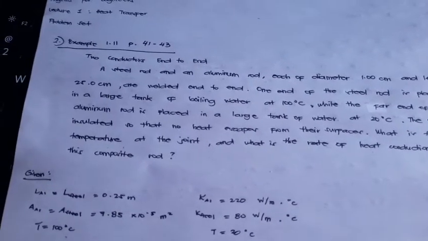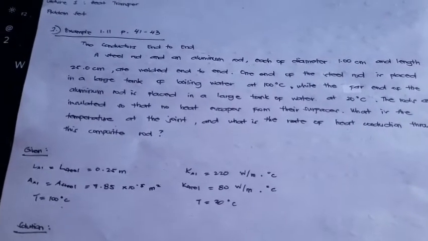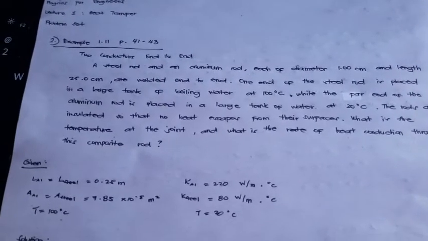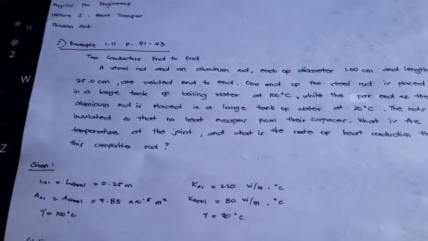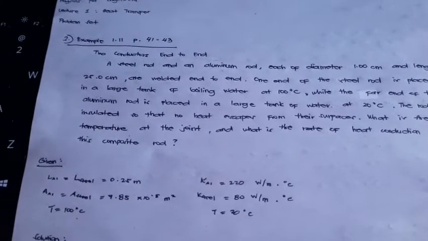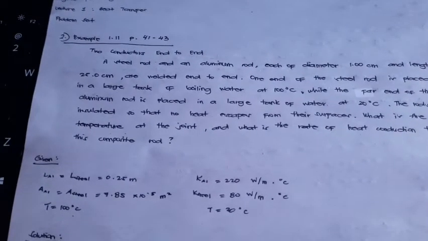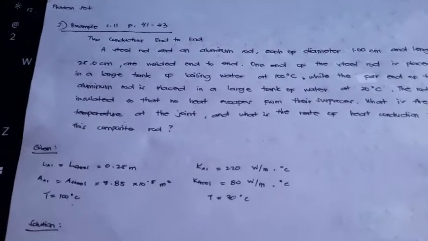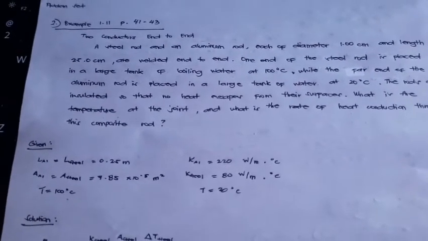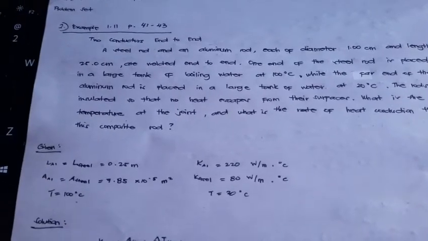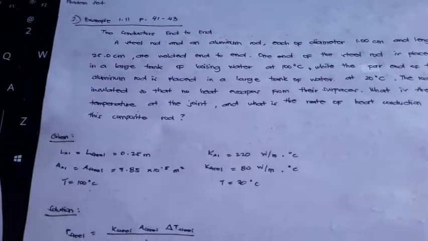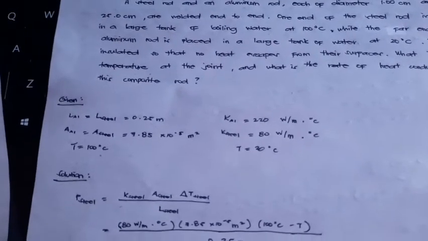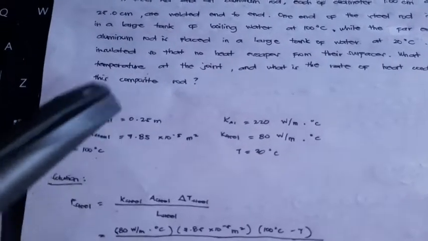The heat that enters the steel rod from the boiling water has no place to escape through the steel rod, but it can escape through the aluminum rod into the cold water. So we can equate the rate of conduction through the steel to the rate of conduction through the aluminum. These are the given values from the problem.